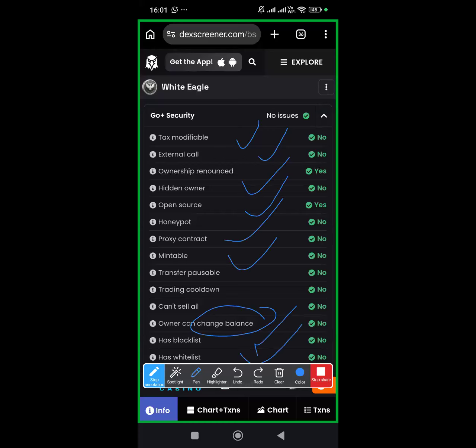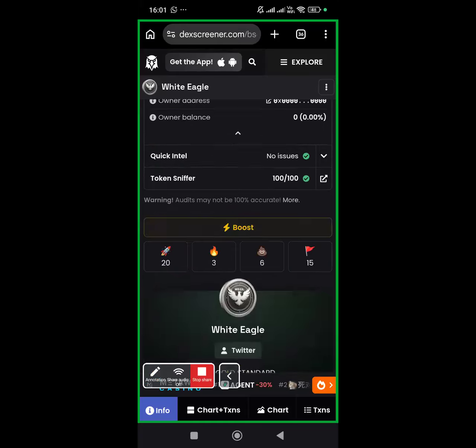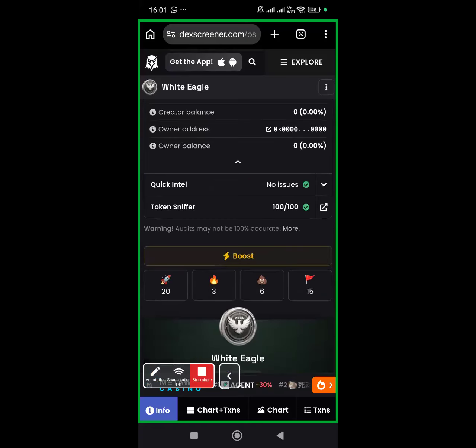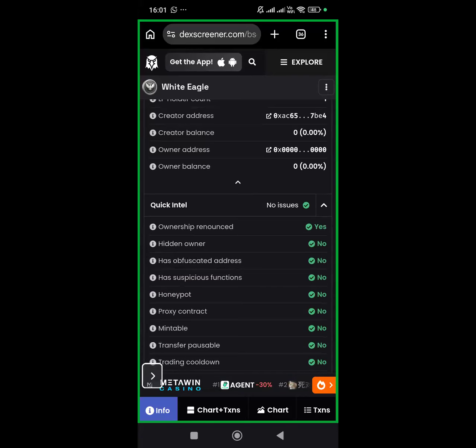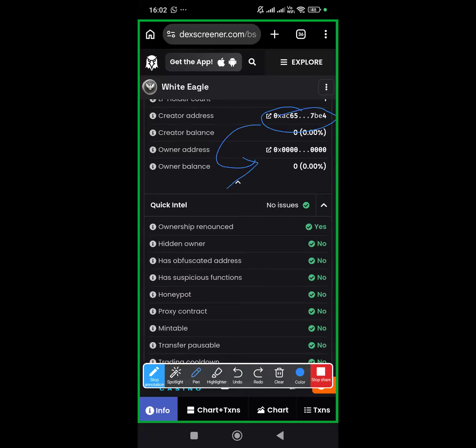No. Such transparency, my brother. No issue. Even though this contract was deployed just 10 days ago, it has had no problem. You can see the creator address and owner address. The creator address also has zero balance because he transferred to the owner address. Now the owner is the zero address. Zero is the null address.